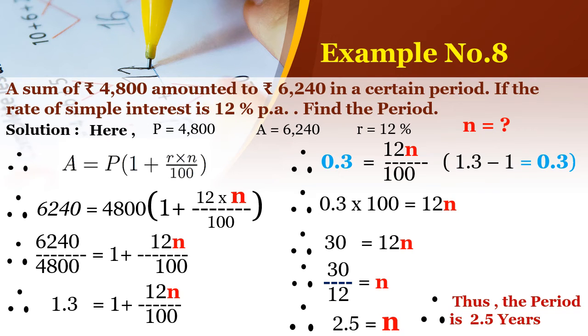You practice this example, then you get all the steps very easily to understand. So you practice more and more examples, then you can solve all the examples in a very easy way. So the period is 2.5 years.